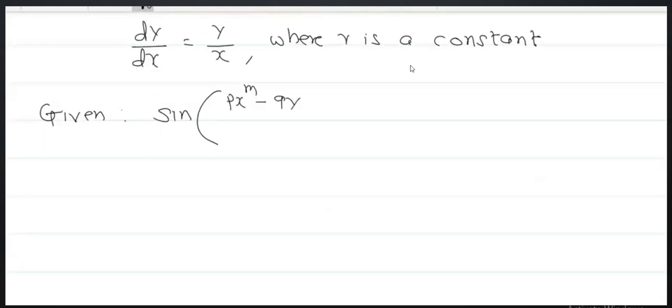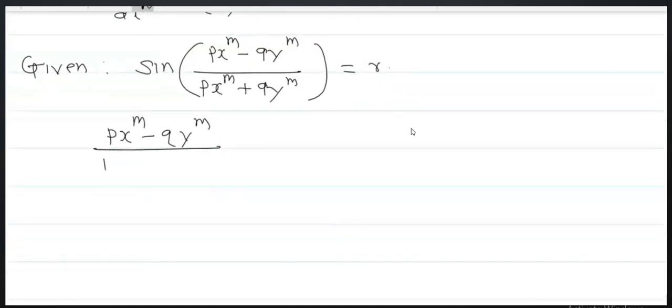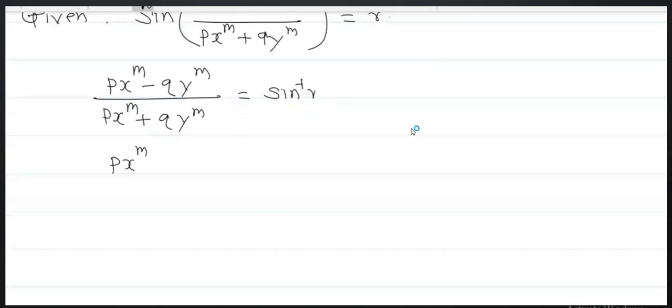Now here, sine of [(px) raised to m minus (qy) raised to m upon (px) raised to m plus (qy) raised to m] is equal to r. Therefore, (px) raised to m minus (qy) raised to m upon (px) raised to m plus (qy) raised to m is equal to sine inverse of r, and this is another constant, that is equal to t.